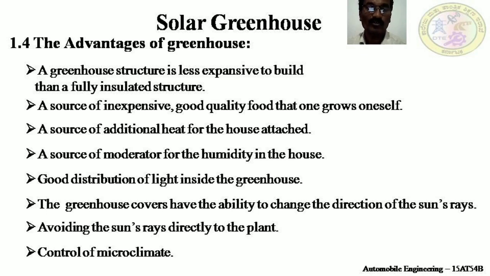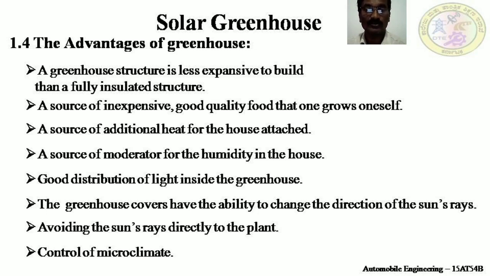A source of moderator for the humidity in the house. Good distribution of light inside the greenhouse. The distribution of the sunlight inside the house is throughout the inside, which helps all the plants. The greenhouse covers have the ability to change the direction of the sun rays.